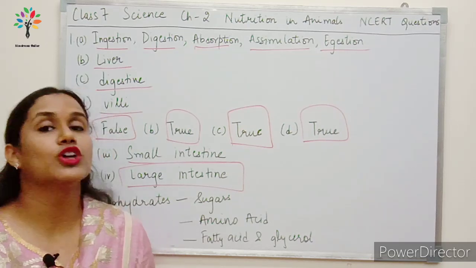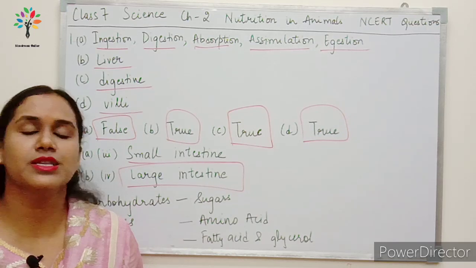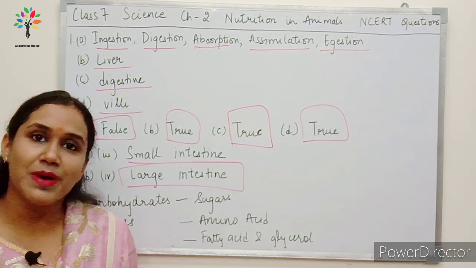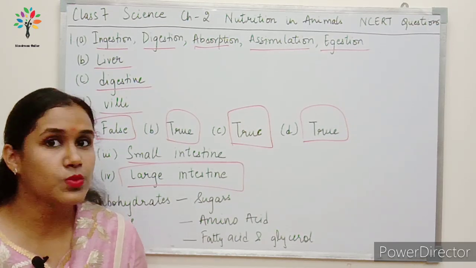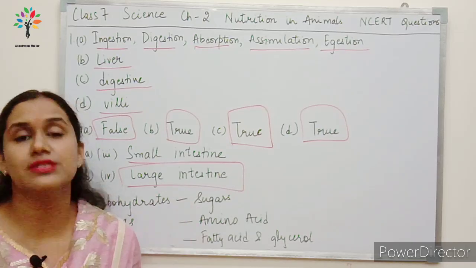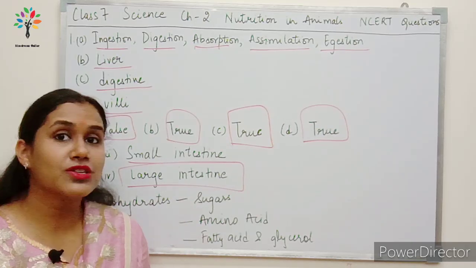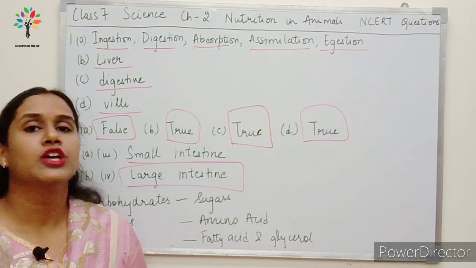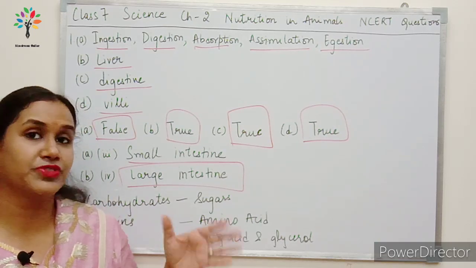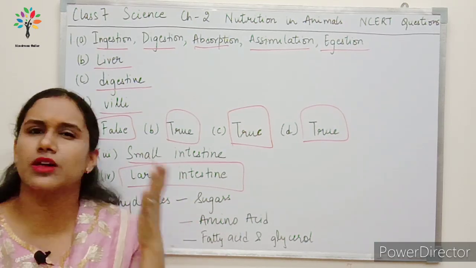Fine. Moving on to the next question, that is match the columns. In this, you can see there are two columns given. One is the food components and the second is products of digestion, right? The first food component is carbohydrates.